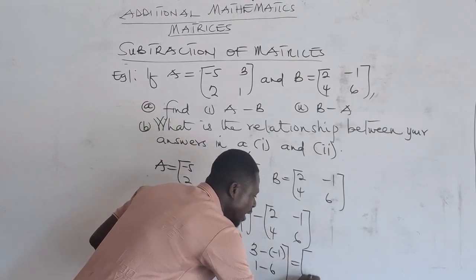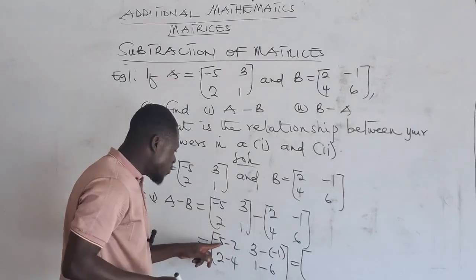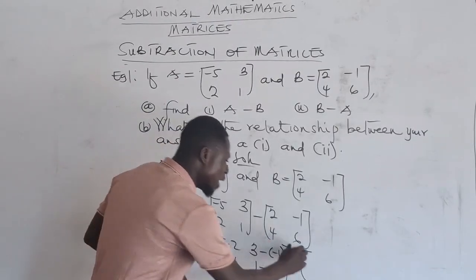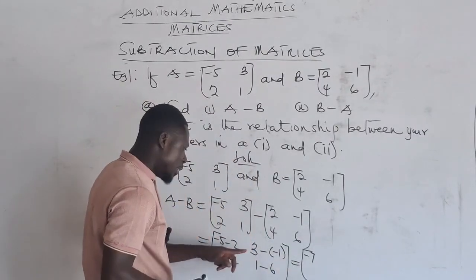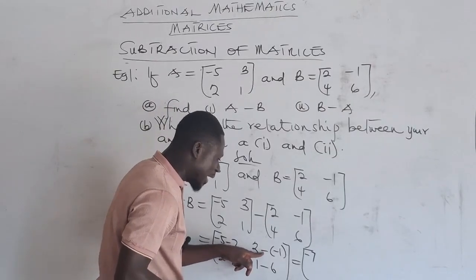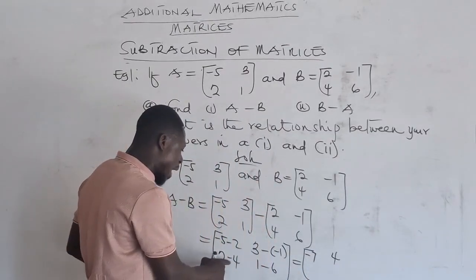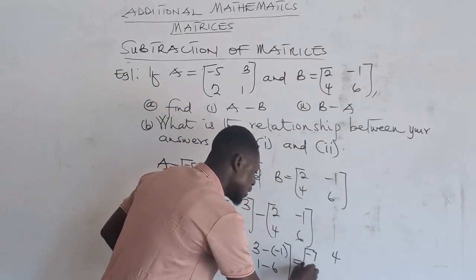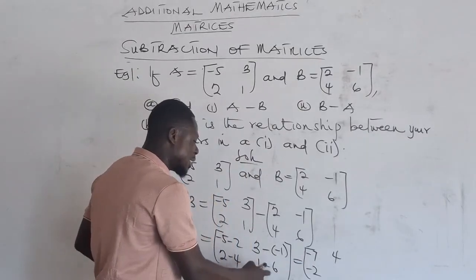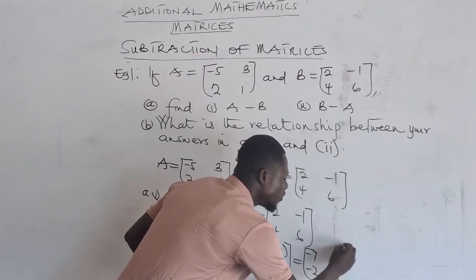So this one will give us, now negative 5 minus 2 will give us negative 7. 3 minus negative 1 will give us 4. And then 2 minus 4 will give us negative 2. 1 minus 6 will give us negative 5.